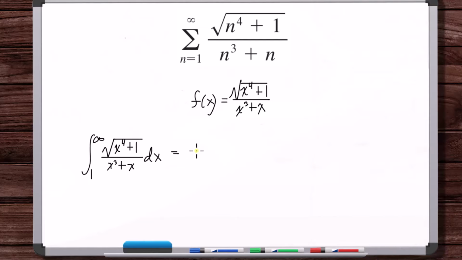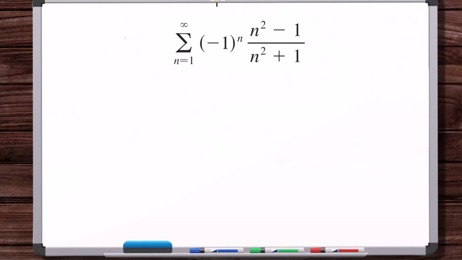So this diverges. Okay, so is this an alternating series? Yes, it is. This is always positive, so let's do the alternating series test first. See if that works.